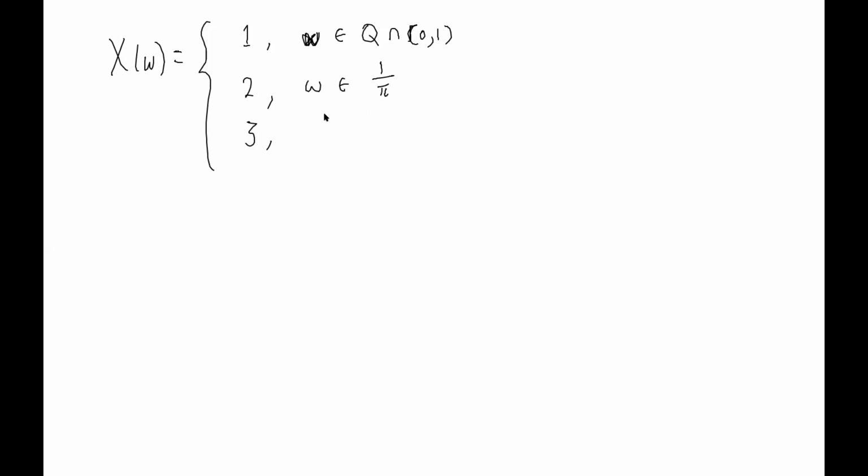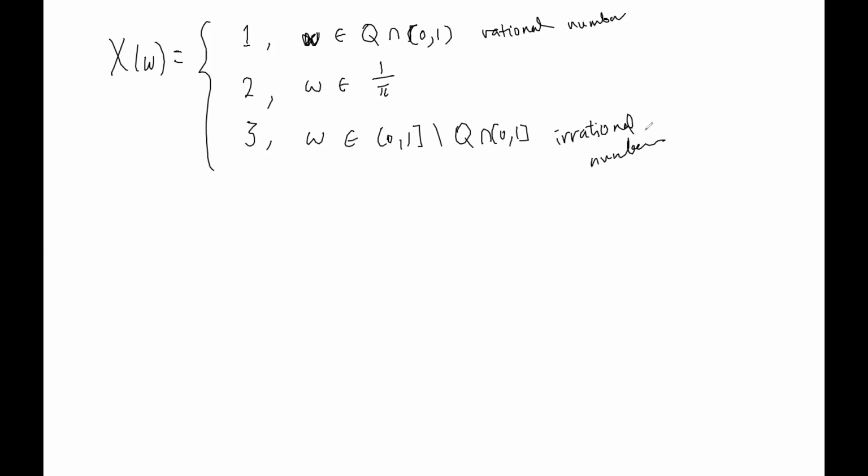This is irrational. And then you have this is all the other numbers, right? The set of 0, 1 without this. Okay, so basically these are your rational numbers, and these are your irrational numbers.